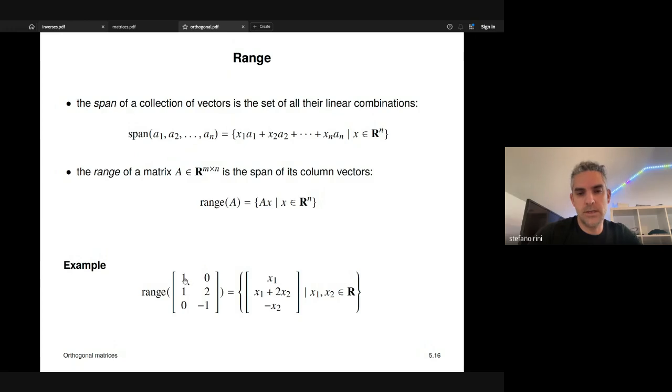We can parameterize the transformation with x1 and x2: we have x1 plus 0, because there is no element here; here we have x1 plus 2x2, and here we have minus x2. Any vector that can be represented with any choice of x1, x2 corresponds to the range of the column space.